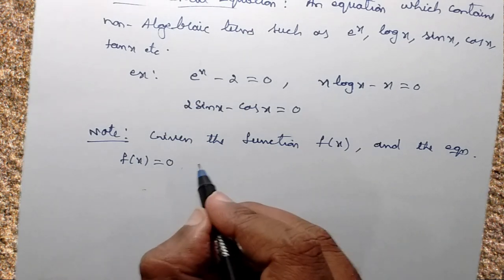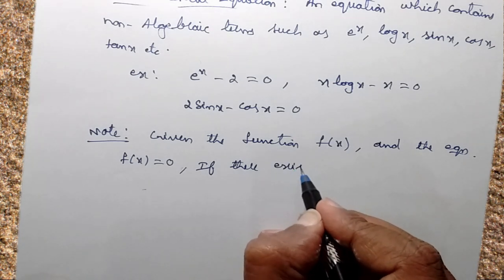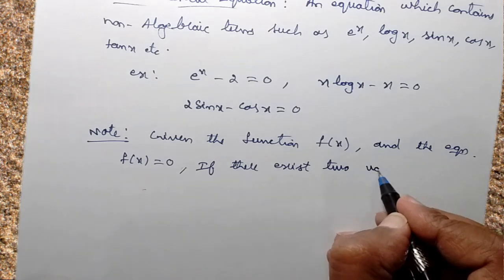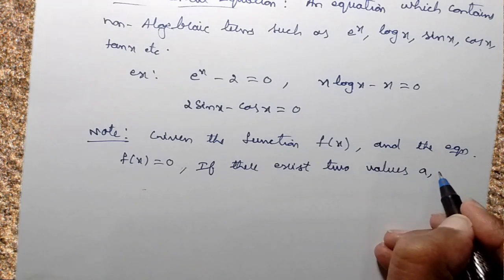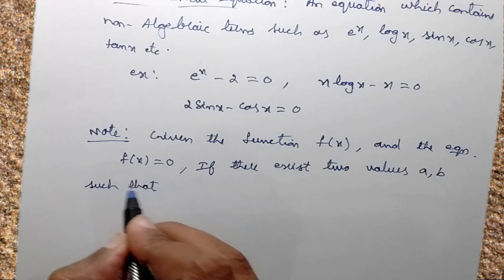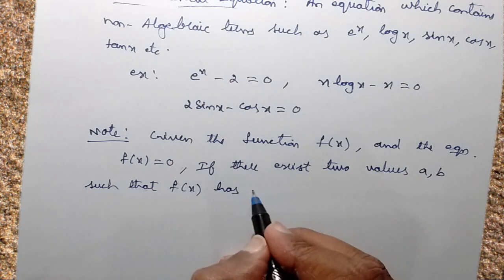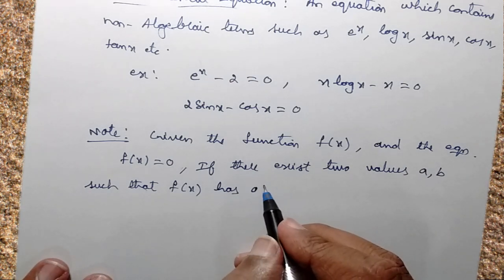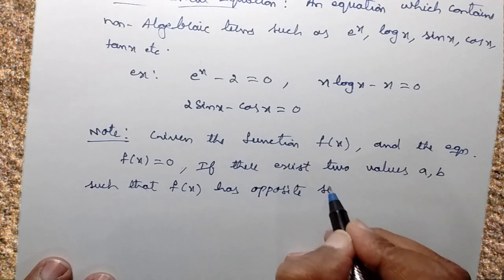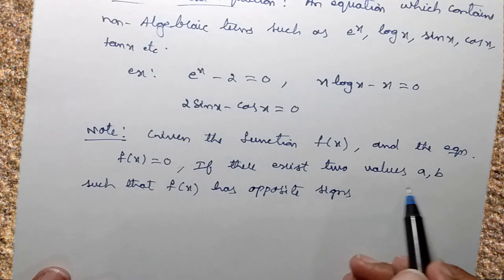Suppose there exist two values a, b such that f of x has opposite signs. f of x will have one positive and one negative.